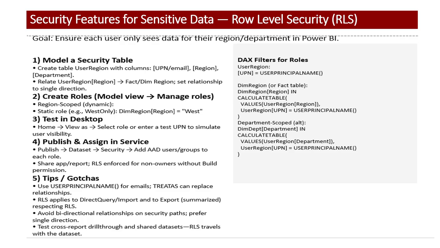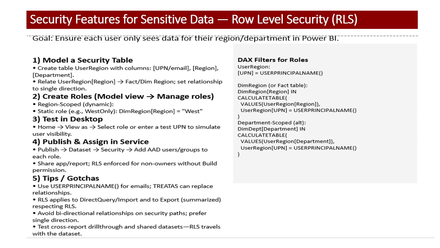Next slide is security to ensure secure data, or RLS, row level security. First of all is the model security table. Create a table of users designed with UPN or email.